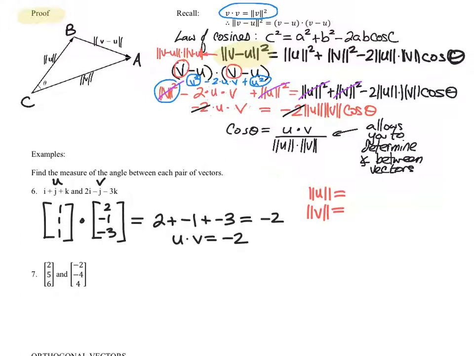It's not a hard computation to do by hand or in your head, but I don't want to do it. So radical 3. And besides, to get the angle, we're going to have to use the calculator anyway. Vector v, 2, negative 1, negative 3, so root 14.